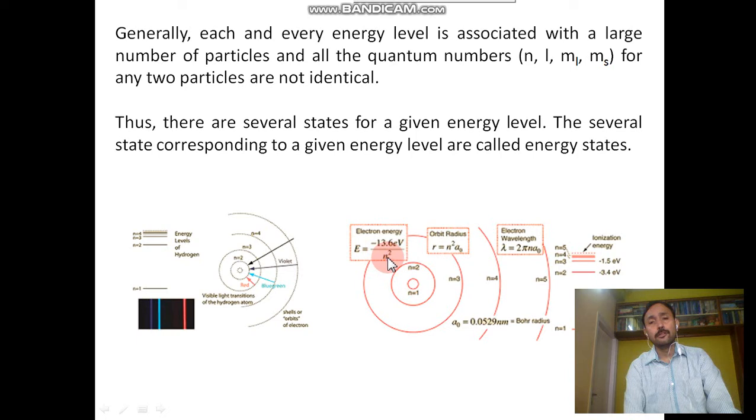N is equal to 2 means 4, then E becomes minus 3.4 eV. N becomes 3 means 9, E becomes minus 1.5 eV. So these are the ionization energies of this electron in different states: n is equal to 3, n is equal to 4, n is equal to 5. The ionization energies are different.